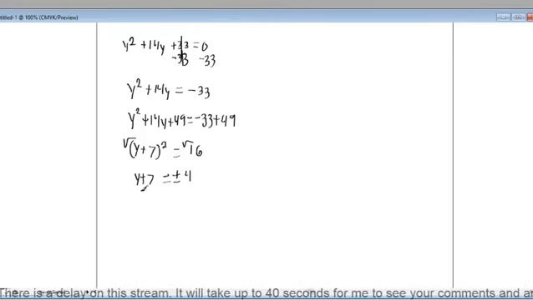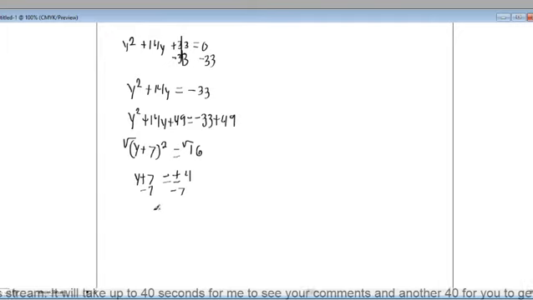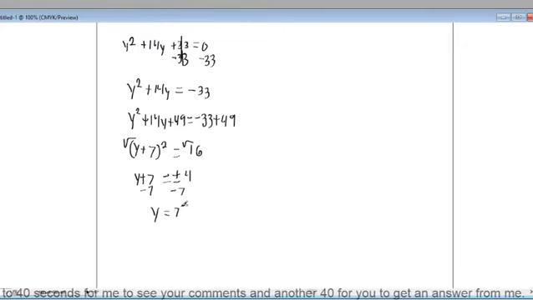And then take 7 away from this side to get y by itself. And we get that y could be negative 7 plus or minus 4.